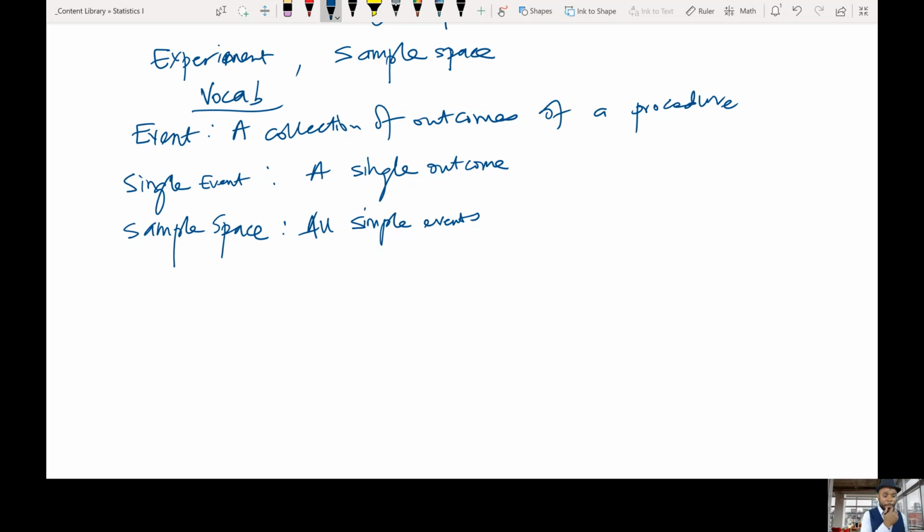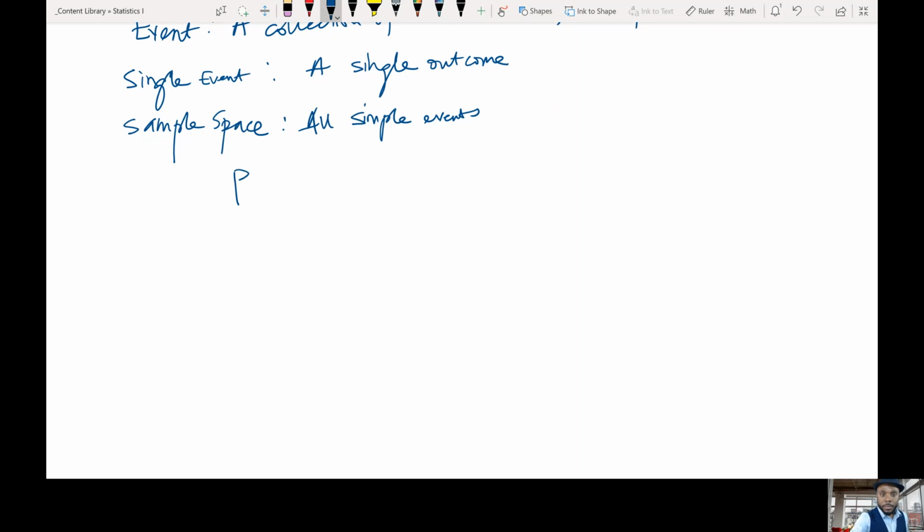So here, let's put things in context with some examples, to make it easy to understand. Now, if I say that the probability of a new business to succeed is equal to 0.25, we're saying that the chance of a new business succeeding is equal to 0.25.